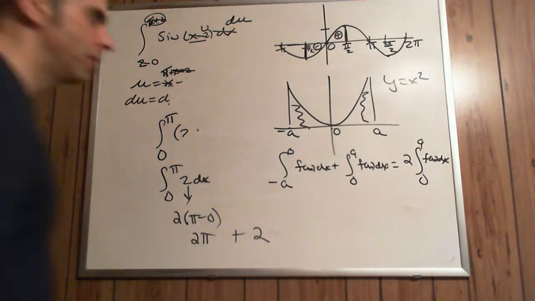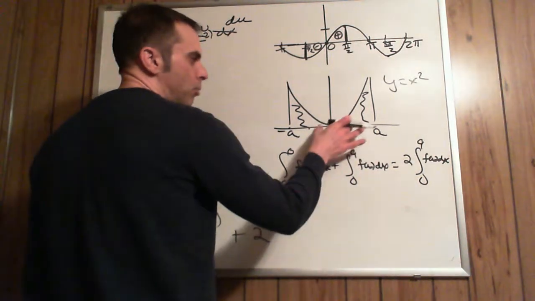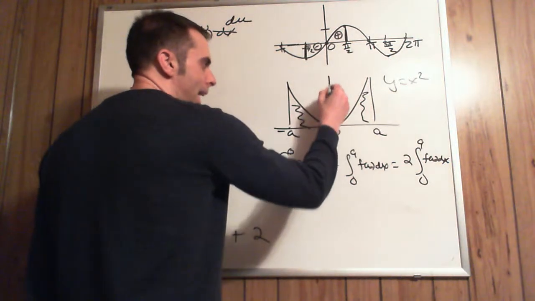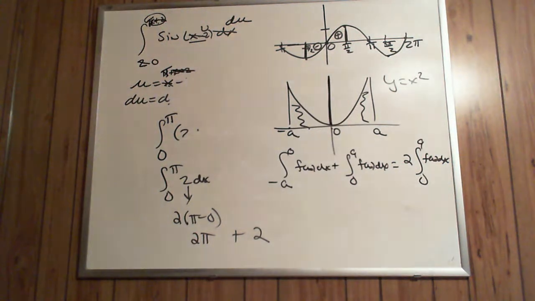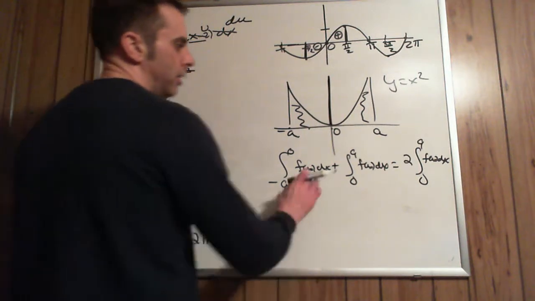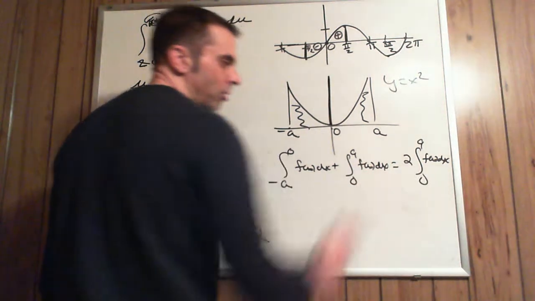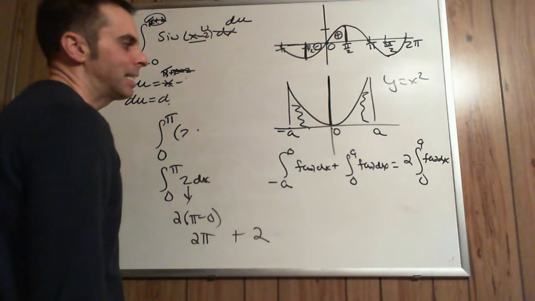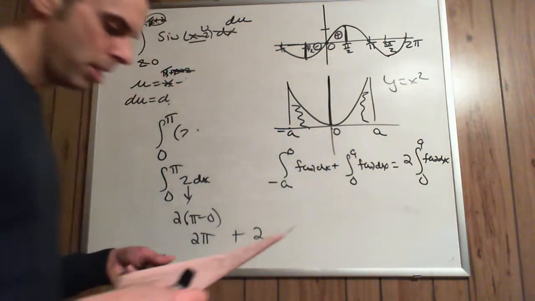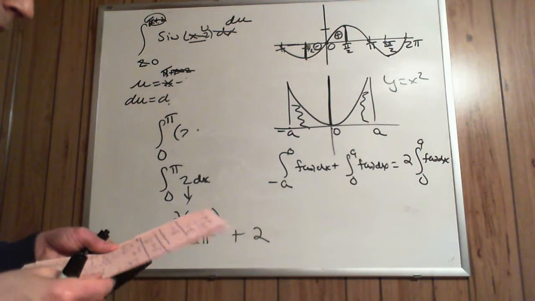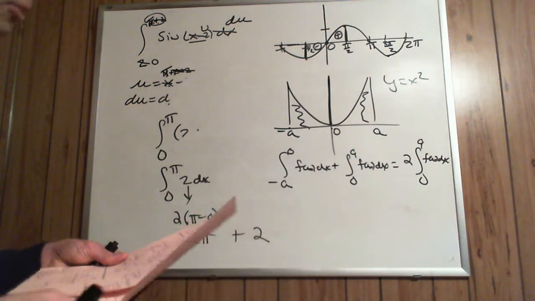It makes sense because you've got two equal areas where the y-axis cuts it in half. So if it's odd, the sum of the areas will be 0. If it's even, it's the same thing as taking one of the areas and doubling it. So that's something else to think about, and I'll be working on it more as we continue throughout this chapter.